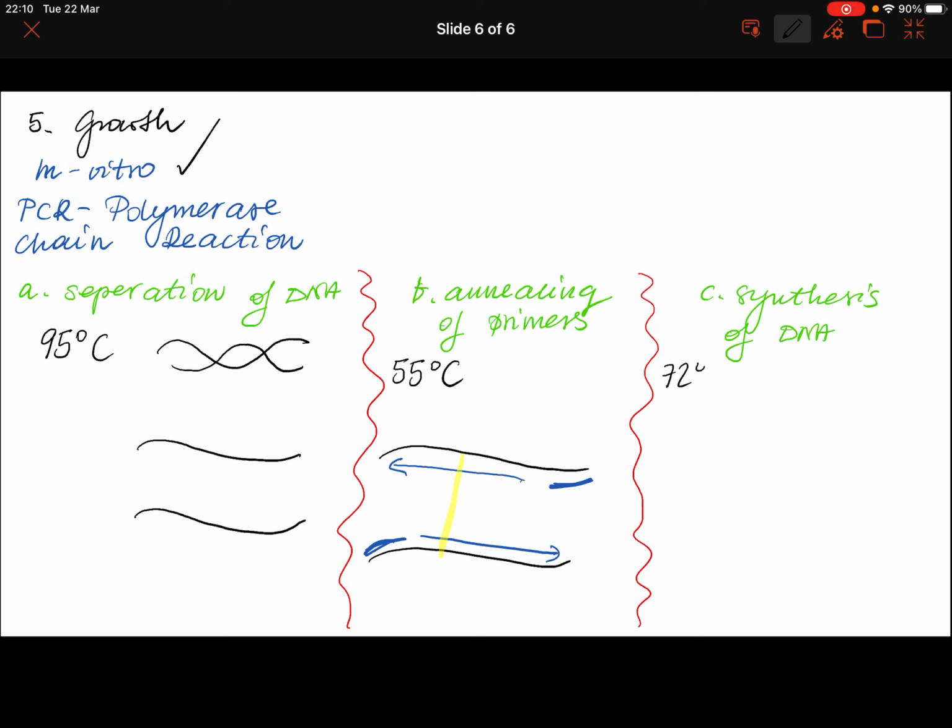Finally, synthesis of DNA happens at the temperature of 72 degrees, which is the optimum temperature for DNA polymerase, which of course joins nucleotides.